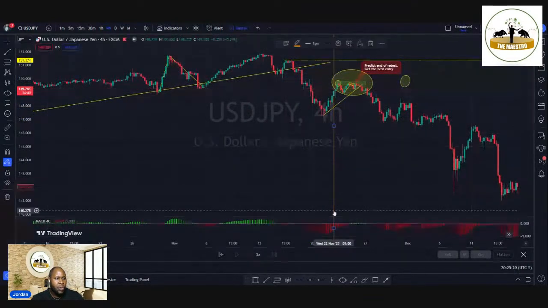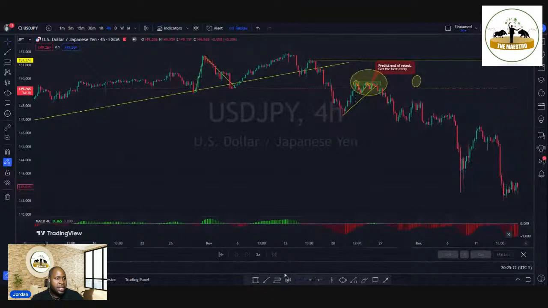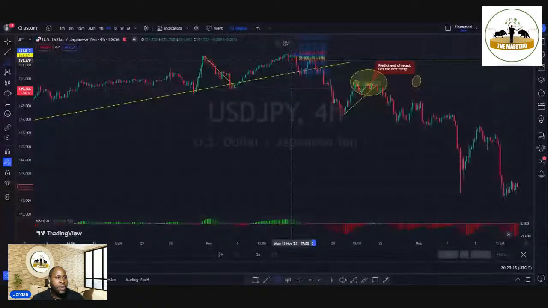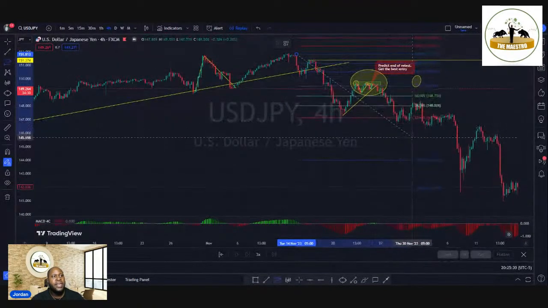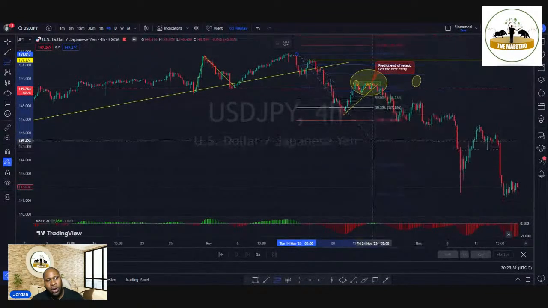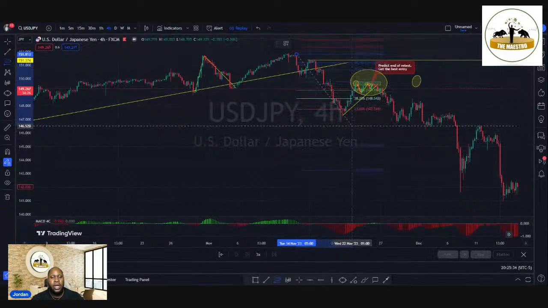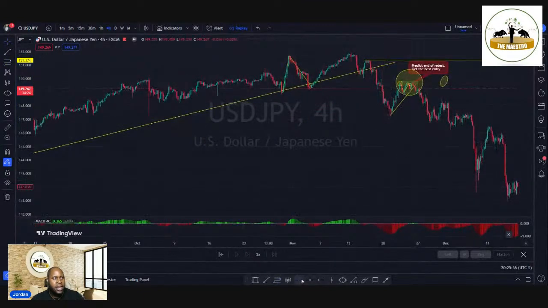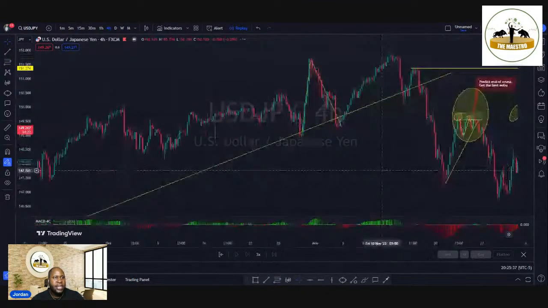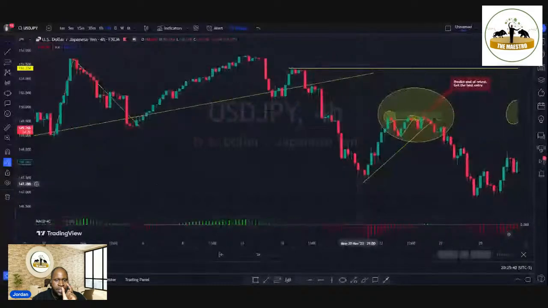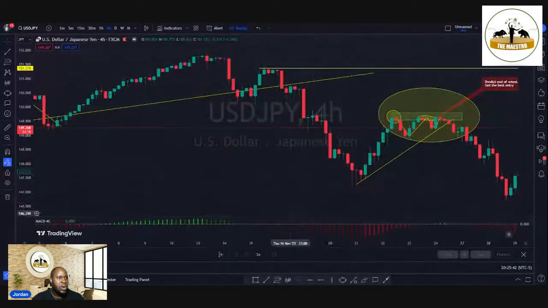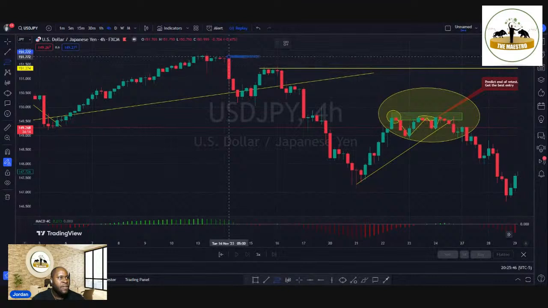They draw the point from here, the highest point of the entire move, and then they drag it all the way to God knows where. But you don't want to do that, because you want it for catching a retest within a particular move, right? So if I'm going to draw a fib from up here, I want to draw it from swing high to swing low.